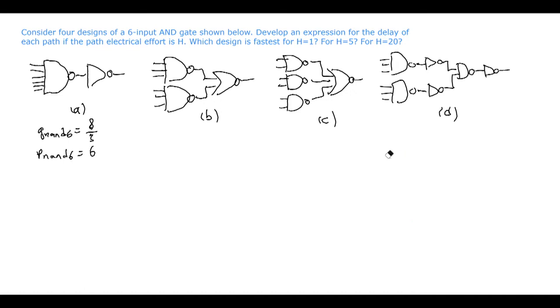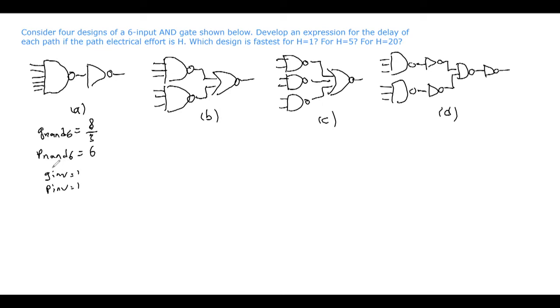For the inverter, we already know G is equal to 1. Let me write it down also here: G inverter is 1. And we can assume that P inverter is also 1. If it's not given, you can assume it's 1.